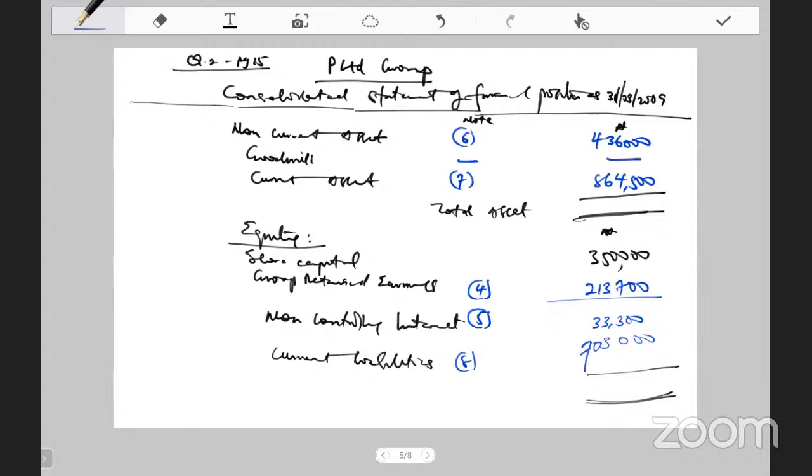So what's now the total for up and down? What is my total? Down is 1,300,500.